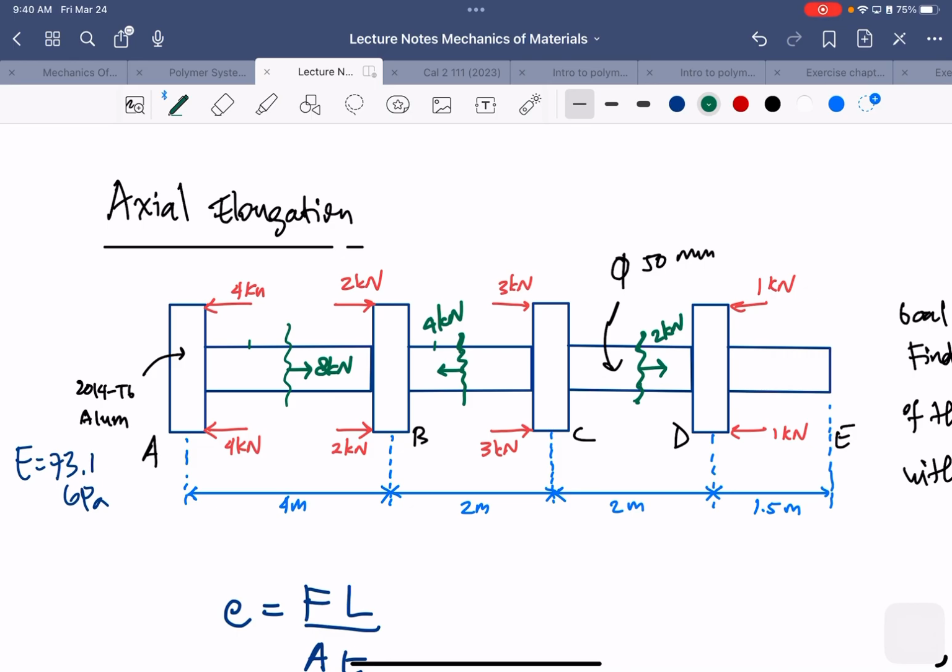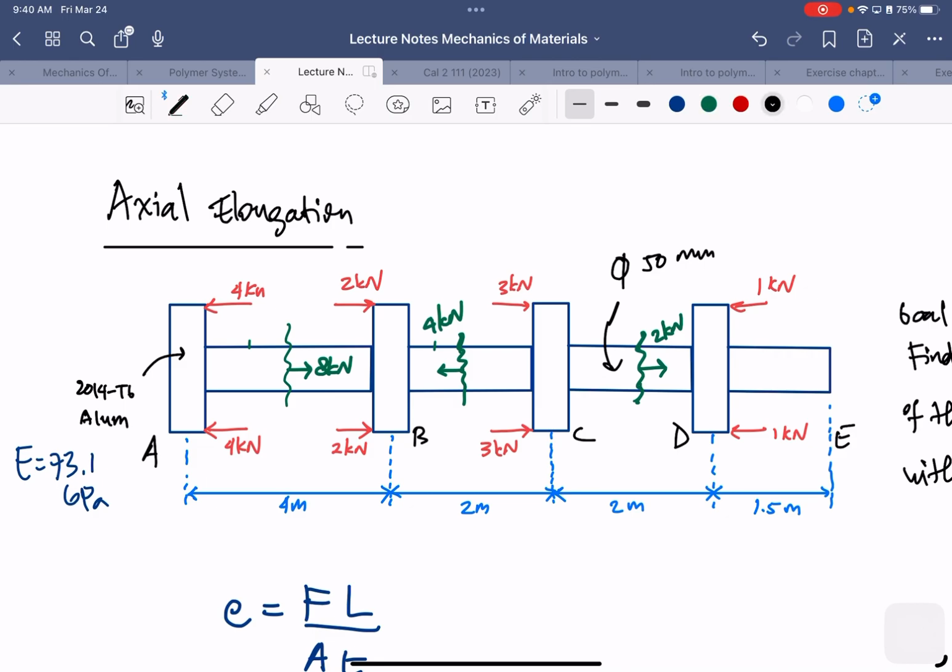It's equilibrium. If you check one by one, 2 goes there. This is 6, so 6 and 2 is going to be 8, and those will be 4, 4. Yeah, I think that should be okay.